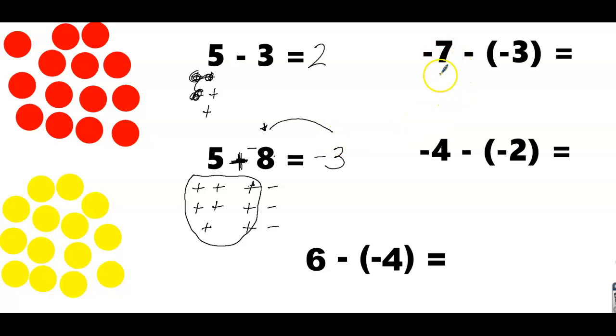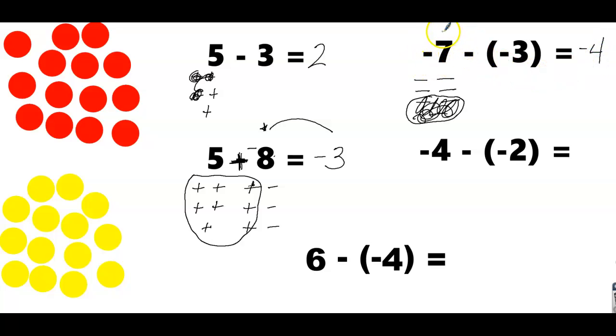Let's look over here at -7 minus -3. If we start with 7 negatives, 1, 2, 3, 4, 5, 6, 7, and we take away 3 negatives, we take away 3 negatives, what do we have left? -4.